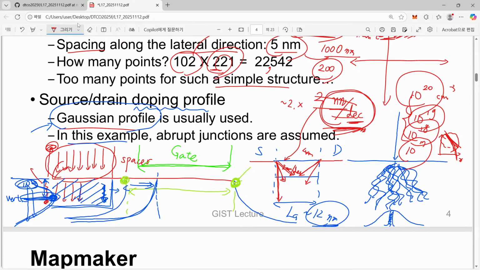So we have a very short channel device which is not acceptable. So we want to reduce this doping gradient as much as possible.